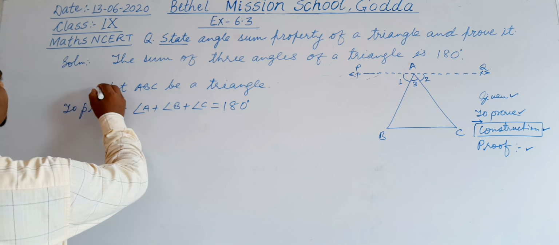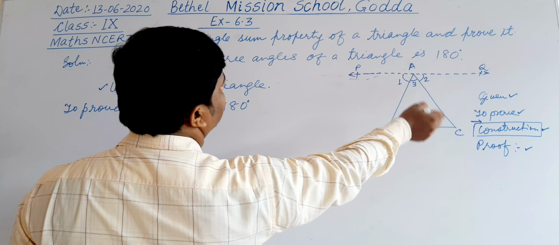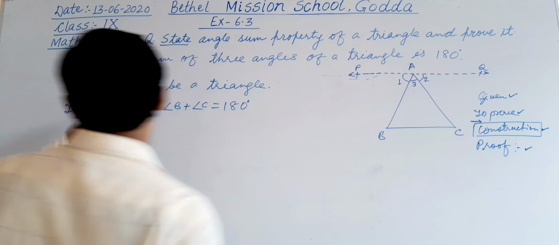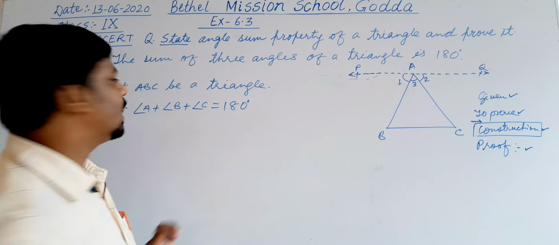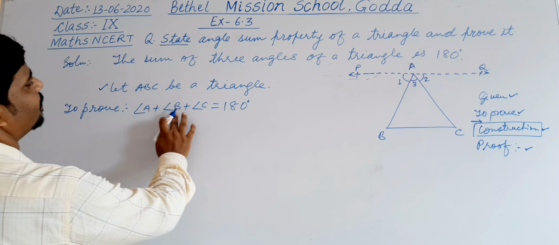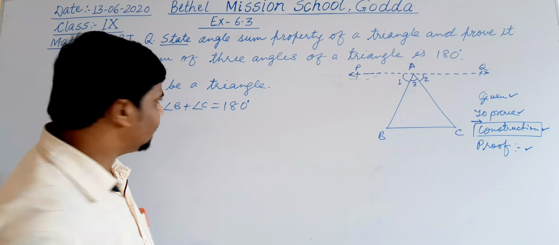So first, we have drawn this triangle ABC. That's why we have supposed let ABC be a triangle. After that, to prove angle A plus angle B plus angle C equal to 180 degree.